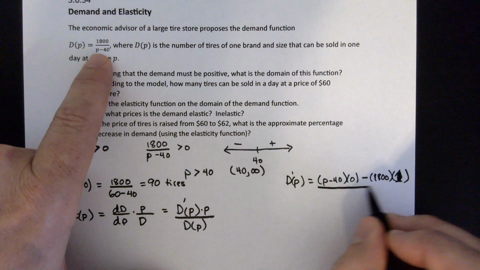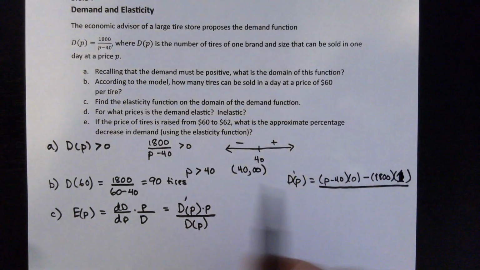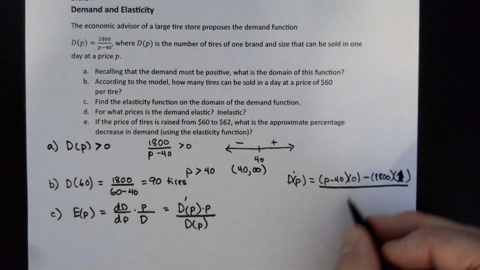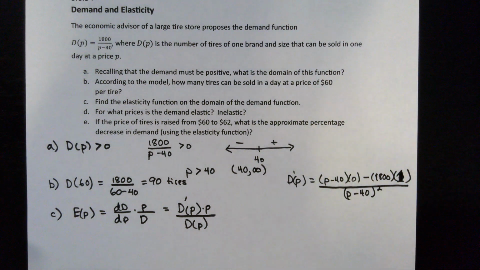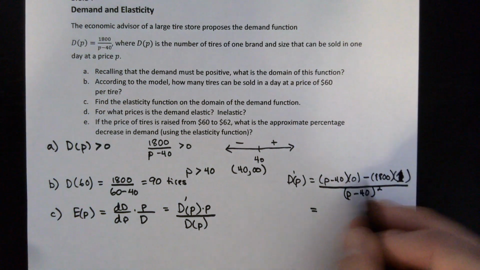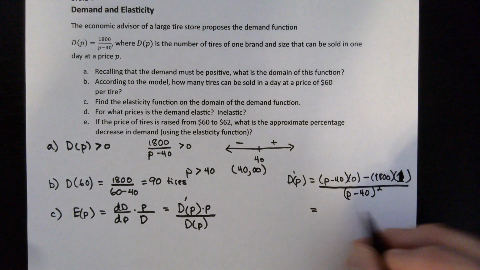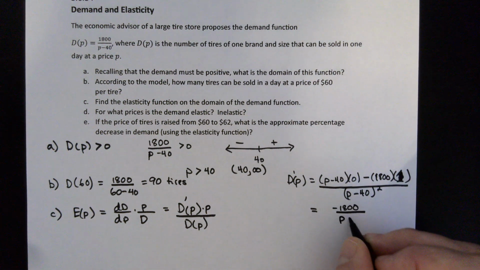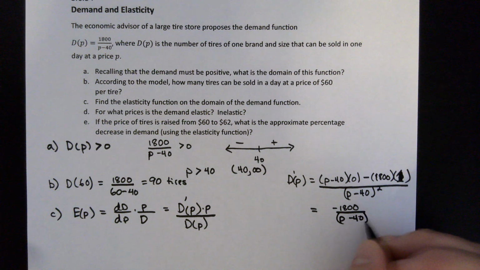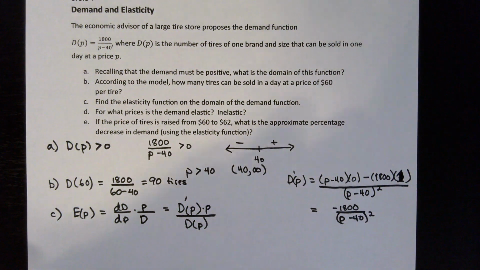Then on bottom we have the denominator squared, P minus 40 squared. This term zeroes out, this becomes negative 1800, and on bottom we get P minus 40 quantity squared. So that is the derivative.